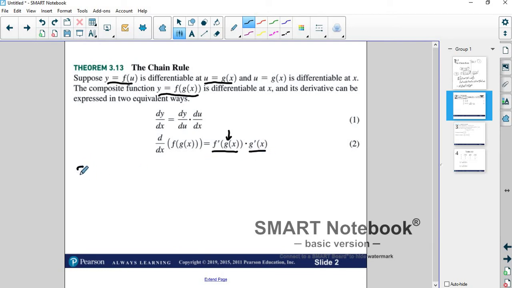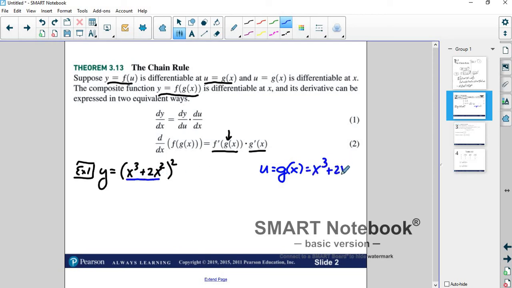Okay, so if we do that same example again, where we have y is equal to x cubed plus 2x squared all squared, what's playing the role of g? The inside function, g of x, is this stuff, x cubed plus 2x squared. That's your u.